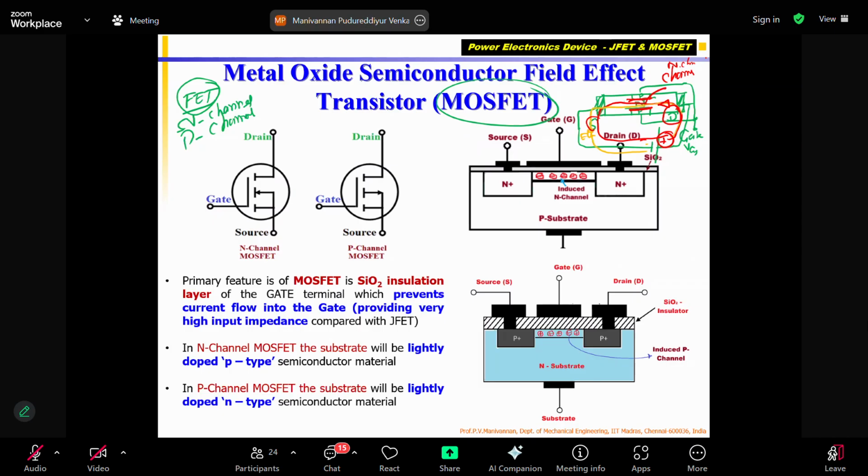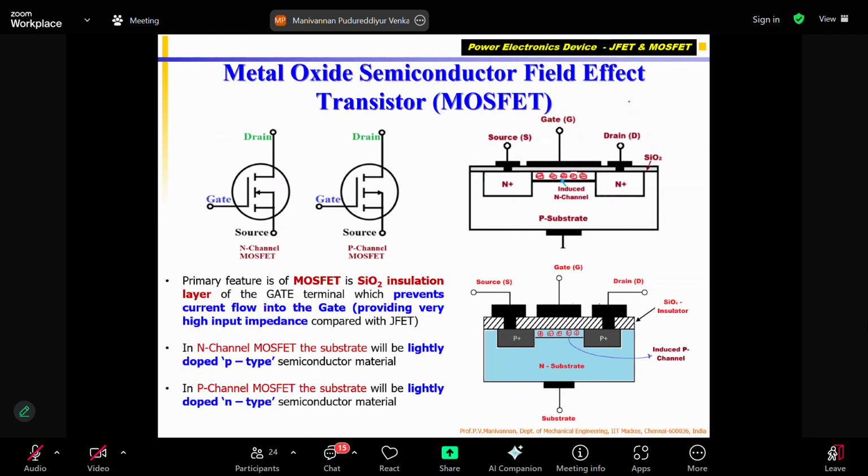Instead of that, if we take a P-type material and dig two wells and put N, there are two sides. This is called a source. I give a voltage like this, plus minus, which we will call VDS, and this is called a drain.